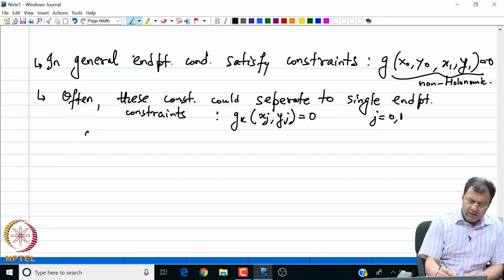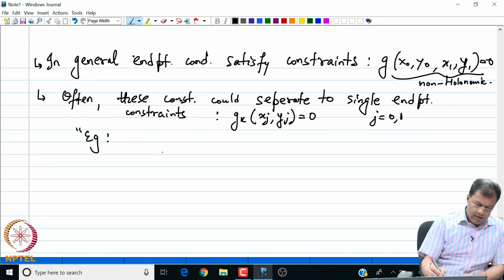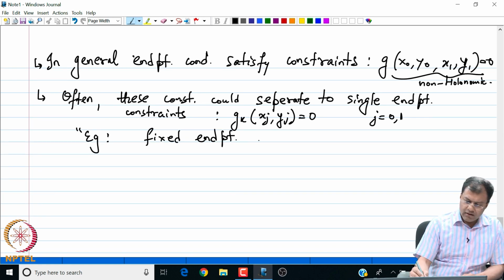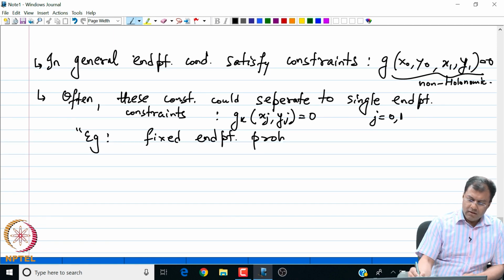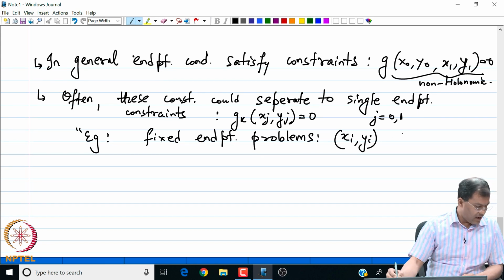The simplest example in this criteria is the fixed endpoint problem, right. So, for example, if I have fixed endpoint problems, let me say that x_i, y_i for i from 0 and 1 is specified.